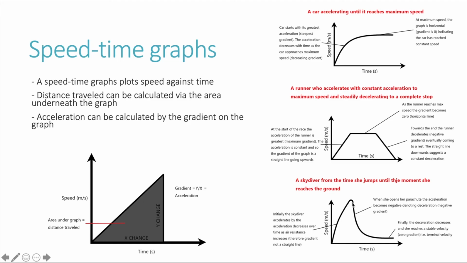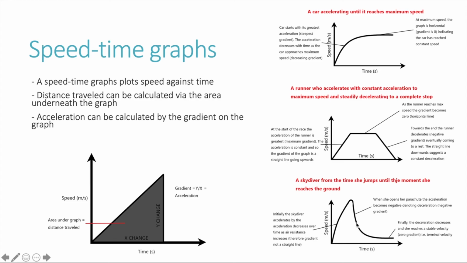And then at some point the parachute will open up, and there's a sudden, huge deceleration that occurs when you open the parachute. Again, when they open the parachute, the deceleration isn't constant because you have that curvature of the graph in that middle section.